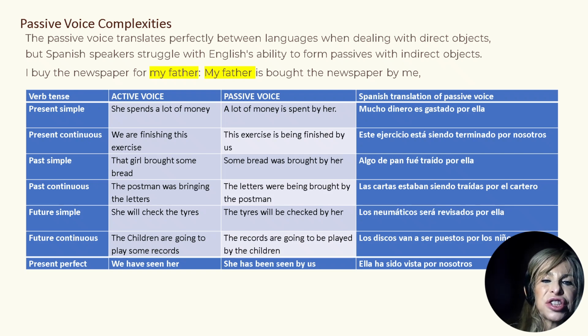However, for students, it's more complicated when they have to use the passive voice with the indirect object. For example, here we can see that it is very similar. She spends a lot of money, money is spent by her, son mucho dinero es gastado por ella, or we are finishing this exercise, este ejercicio está siendo terminado por nosotros. This exercise is being finished by us.